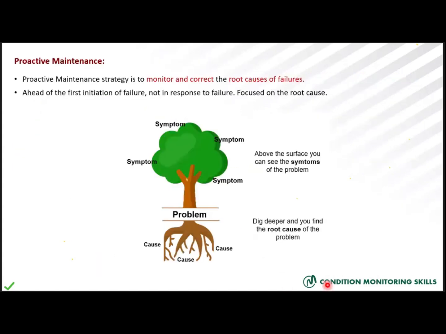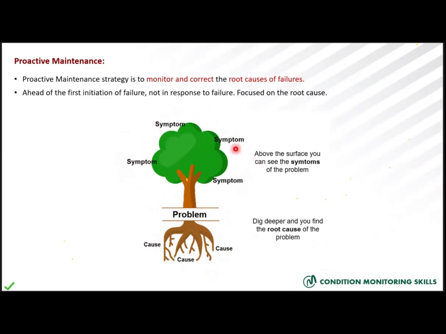Okay, so this is the 4th type of maintenance we are going to discuss today, which is the proactive approach of maintenance, or proactive maintenance. So what is proactive maintenance about? Proactive maintenance is about eliminating the root causes of the problem, the root causes of the failure. All of these could be symptoms of the failure.